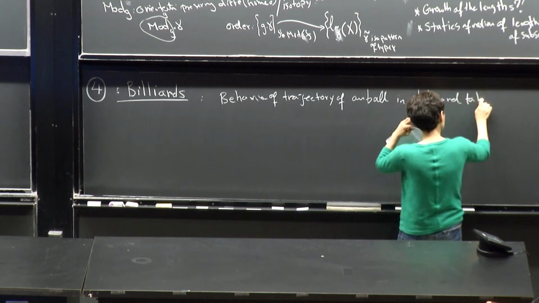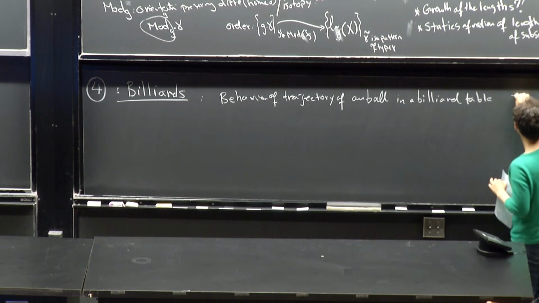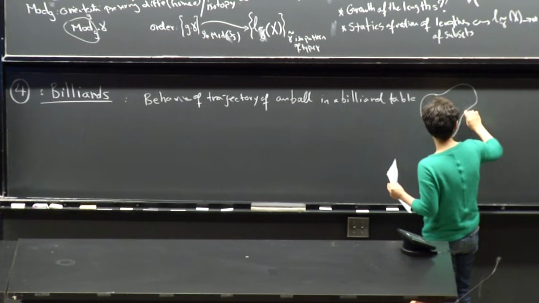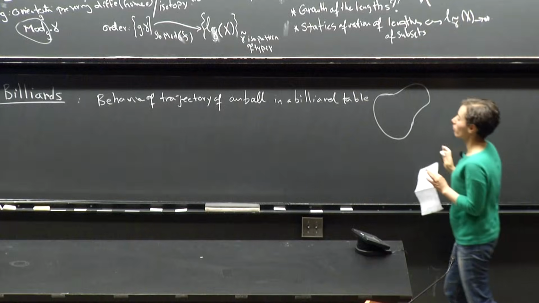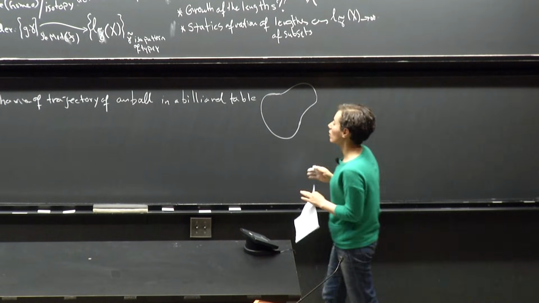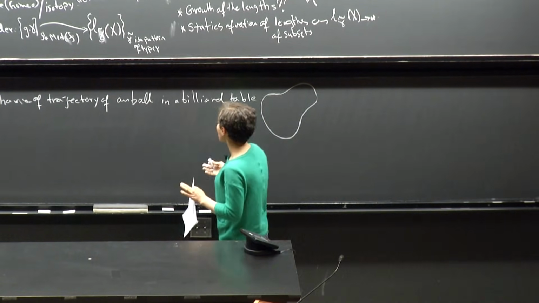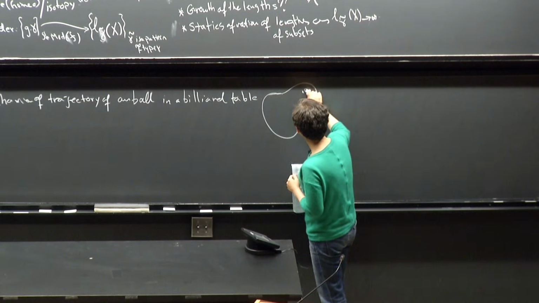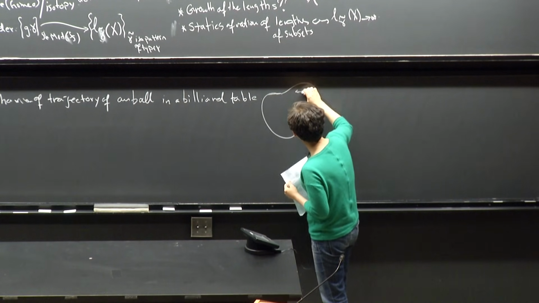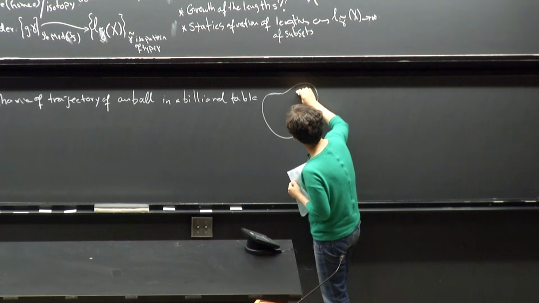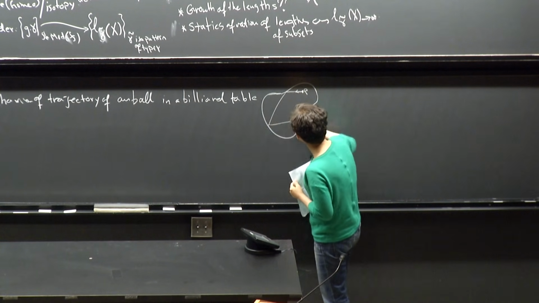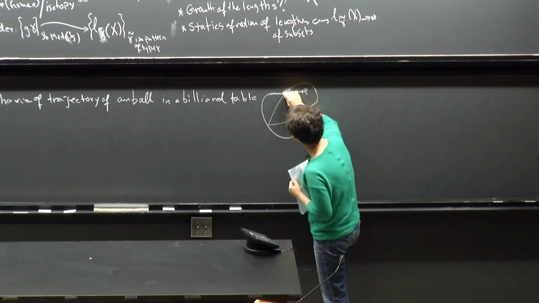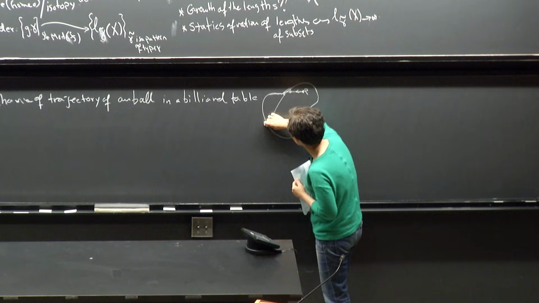But this is very difficult, and your table, if you don't put any conditions on it, could be anything. And this is of course a very difficult problem. There are lots of results that I won't have time to discuss. But so you have a point, and you hit the ball at this point, and then it bounces off, and it's in the billiard table, meaning that these angles are the same whenever you intersect the boundary.